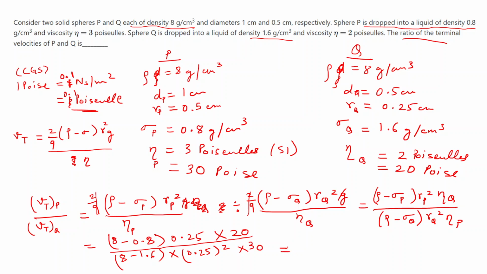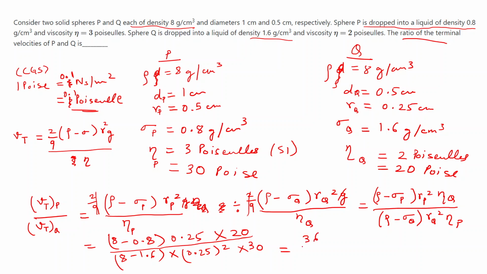So what I get here is, when I calculate this, I get 8 minus 0.8, 7.2 times 0.25 times 20, 36.